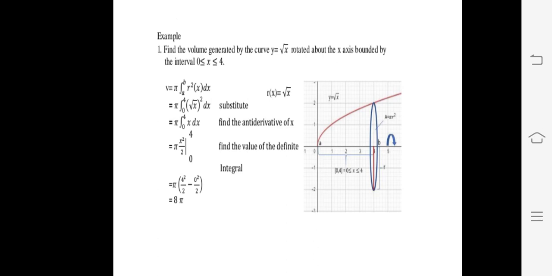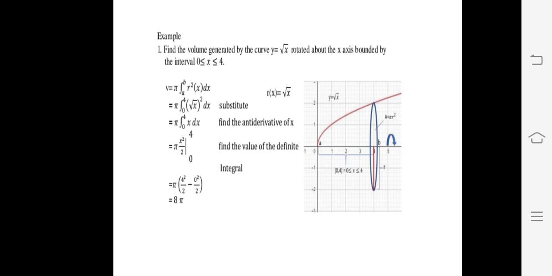For example, find the volume generated by the curve y is equal to the square root of x rotated about the x-axis, bounded by the interval 0 less than or equal to x less than or equal to 4.